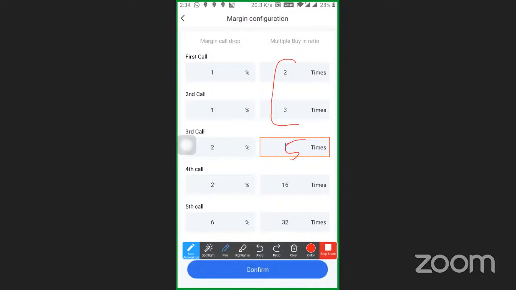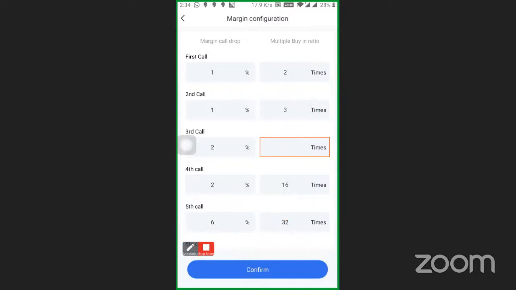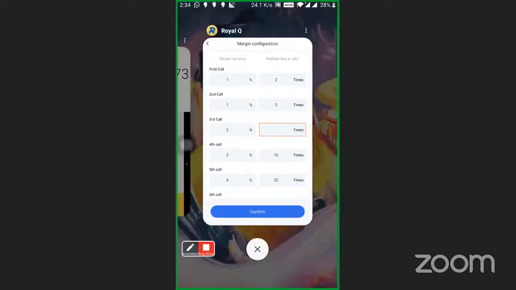This will be your third call. For the fourth call, add up the last two, 3 plus 5, and put an 8 here. Same way for the fifth call, add up the last 2 calls, 5 and 8, that will give you 13 here. So this way you can put your strategy and you can start with a lesser capital.